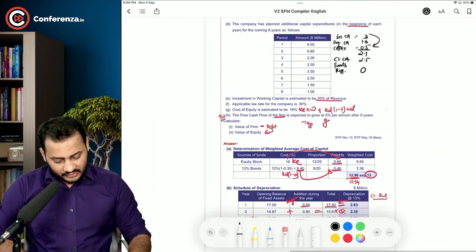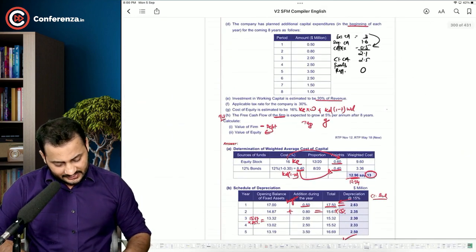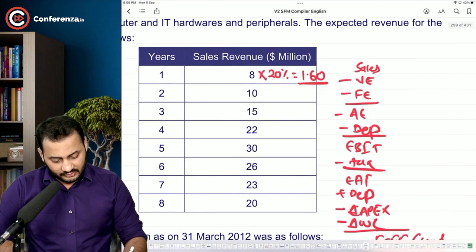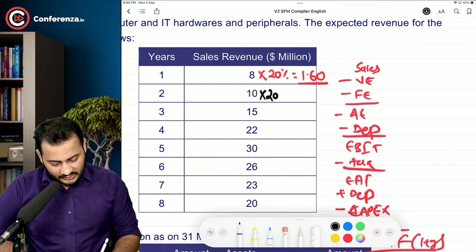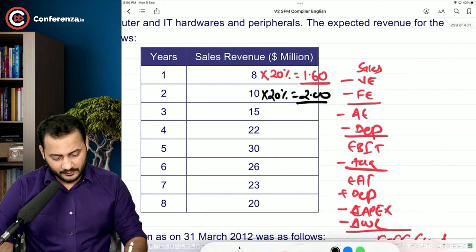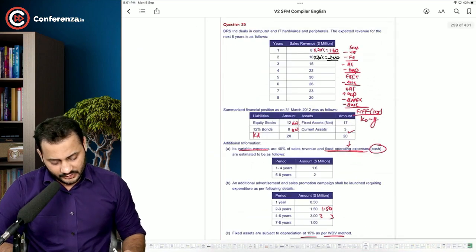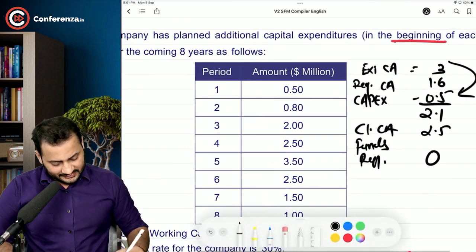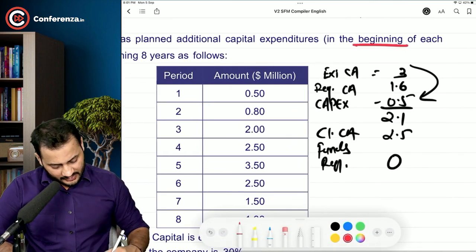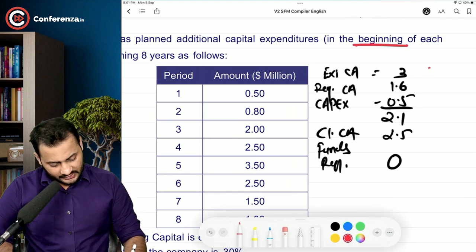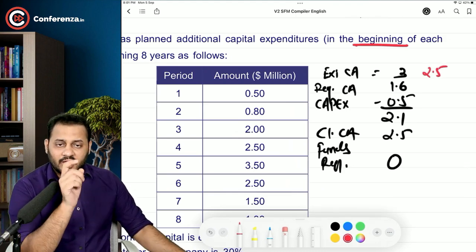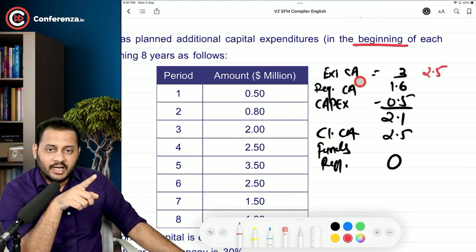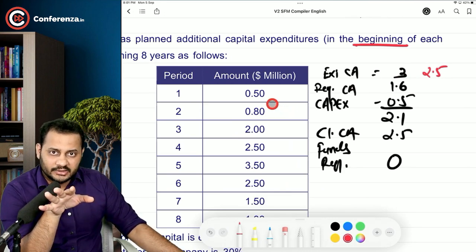For the next year, the sales, let me just check the sales. Sales is $10 million. That means the total balance required in the current assets is $2 million, right? Let's go with that now. So can I take the existing current asset balance in the second year as 2.5, because out of 3, I have used 0.5 for the capital expenditure.